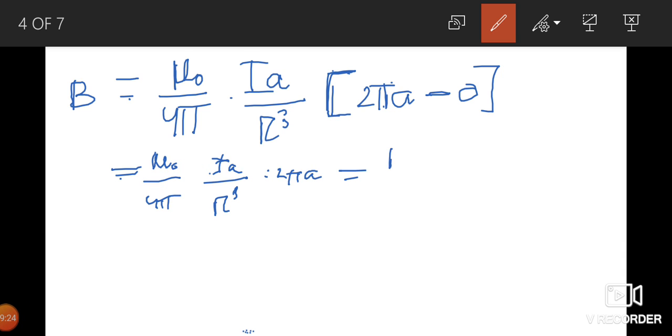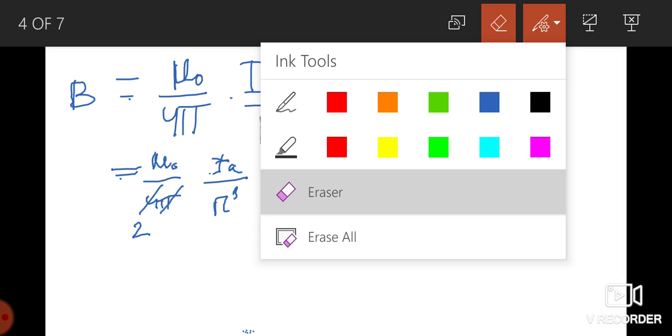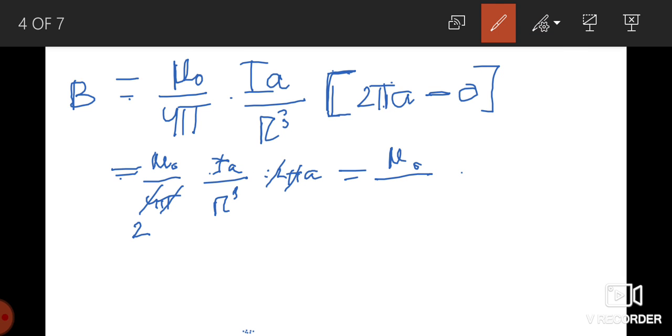Here the 4 pi and 2 pi cancel out, and we get mu 0 by 2 r cube into I a square.